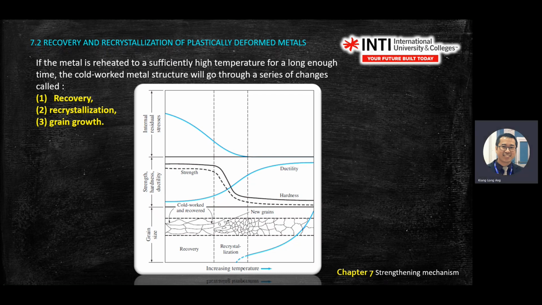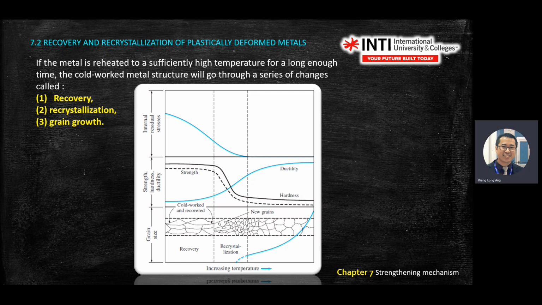And you can see the strain and internal residual stress. So you look at the middle graph here. Below the recrystallization, there are three lines here. The blue line is ductility. You know, ductility deals with percentage of elongation, right?